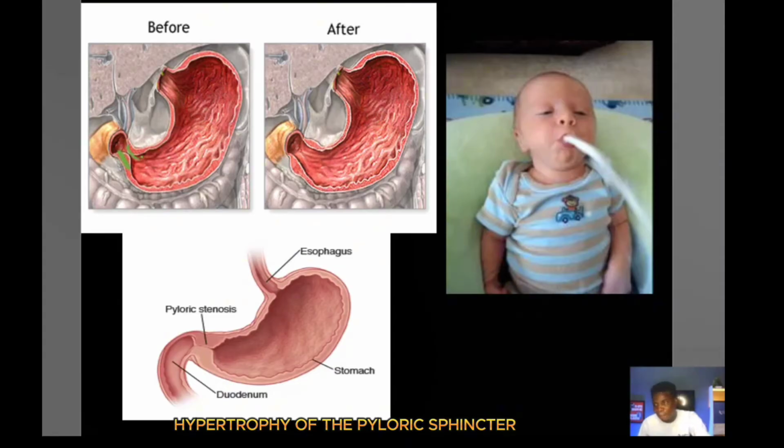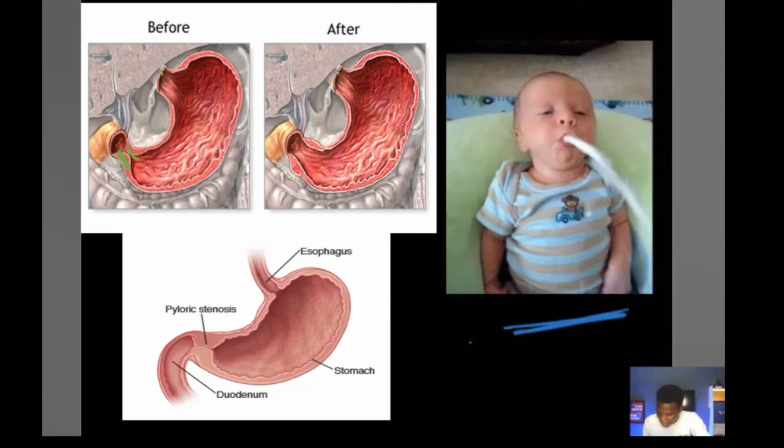Usually in other stenoses associated with the GIT tract, they are due to error in recanalization of the tube as a whole. But in the case of pyloric stenosis, it is actually due to hypertrophy of the sphincter itself. And this vomiting right here is called projectile vomiting.